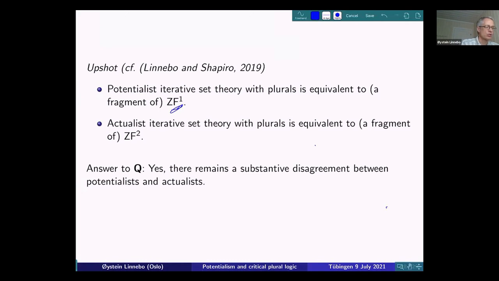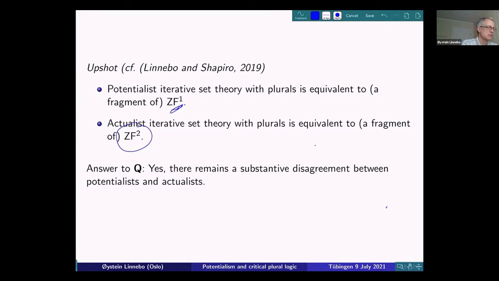By contrast, the actualist will say that no, the sets here form an actual domain, and for that reason you have pluralities corresponding to proper classes. So that'll give you second order set theory. So you see then that although we have in this way of analyzing set theoretic potentialism eliminated the modality, at least for practical purposes, substantive disagreement between potentialist and actualist remains.